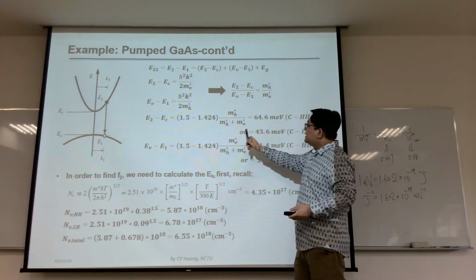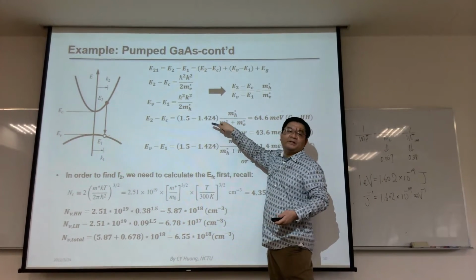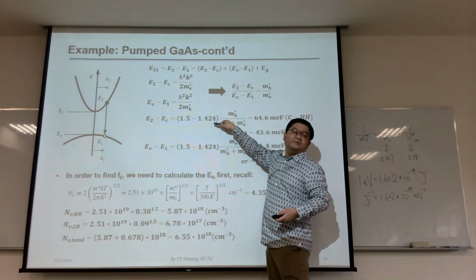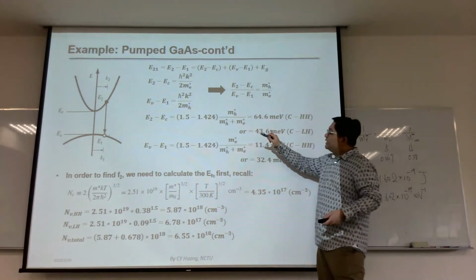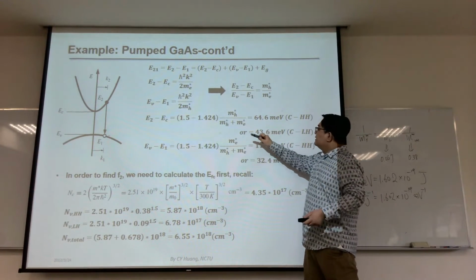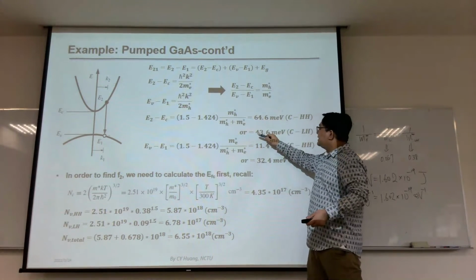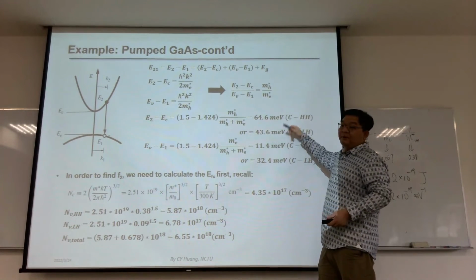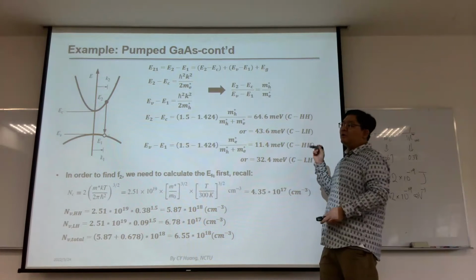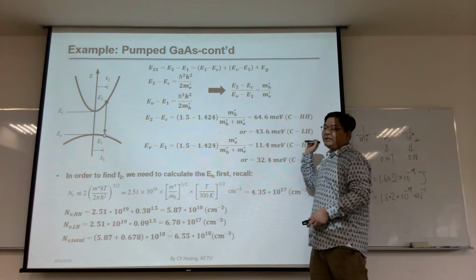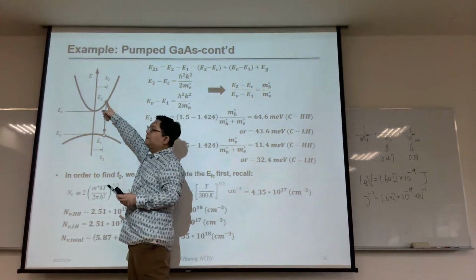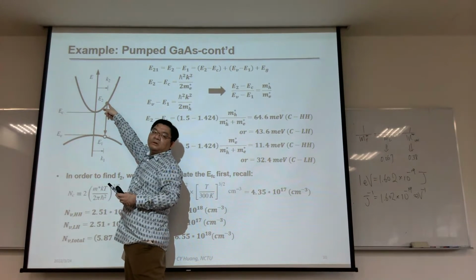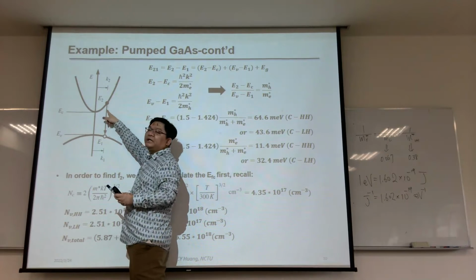But for the light hole, the E2 is 43.6 meV above EC. So although it's the same gap for the same wavelength, it counts for the population of electrons at a different energy level.